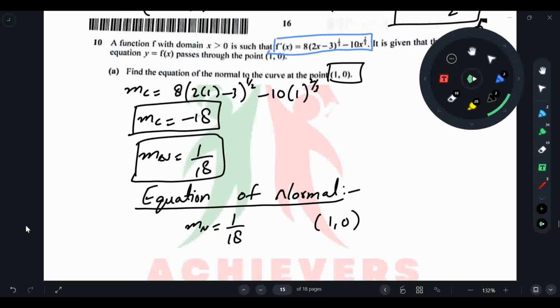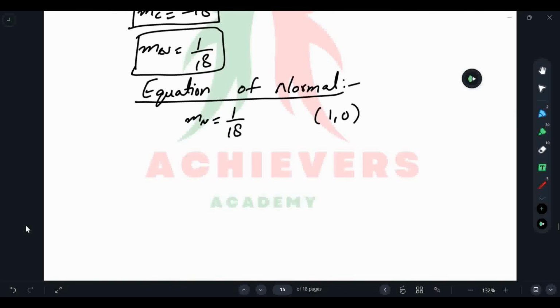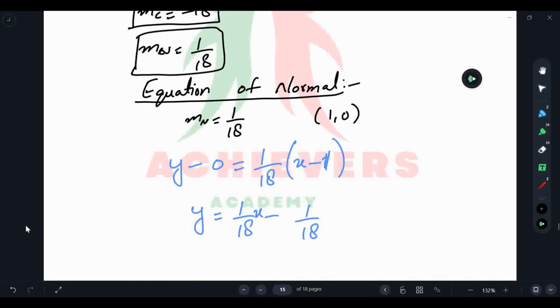So we can use point slope form. So this will be y minus y1 is equals to gradient into x minus x1. So y is equals to 1 over 18 x minus 1 over 18. So this will be the final answer.